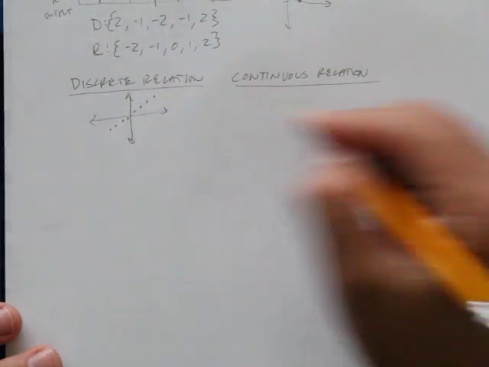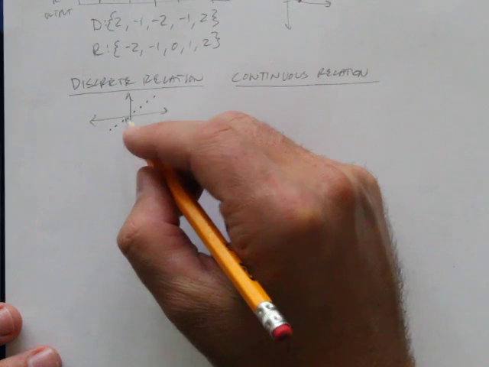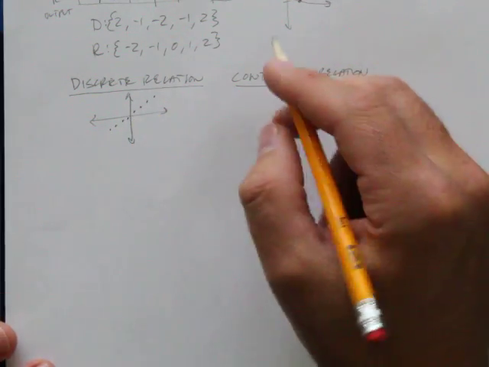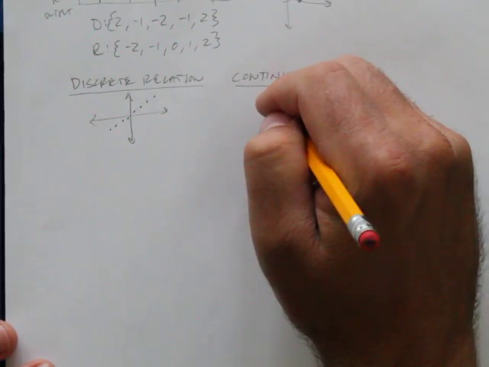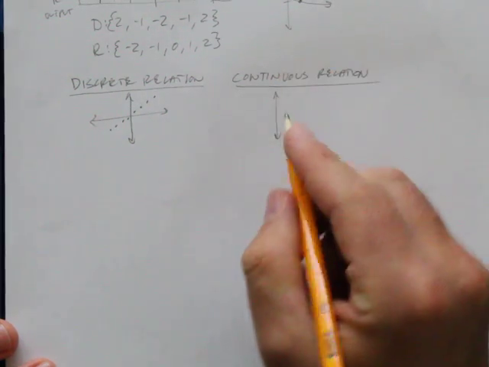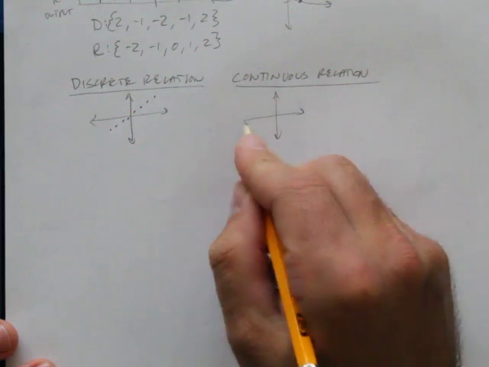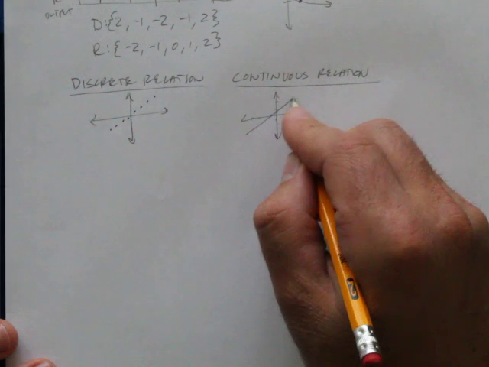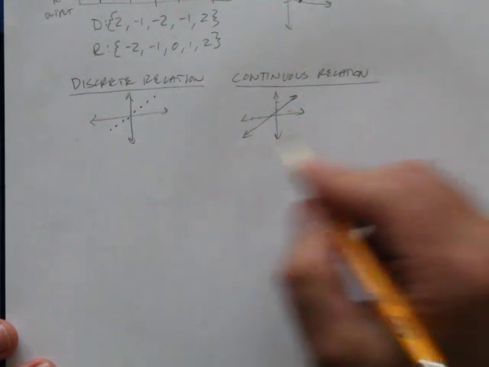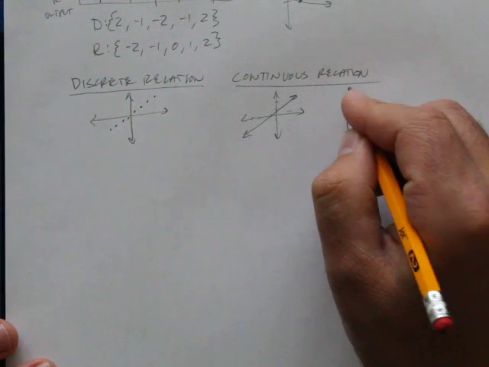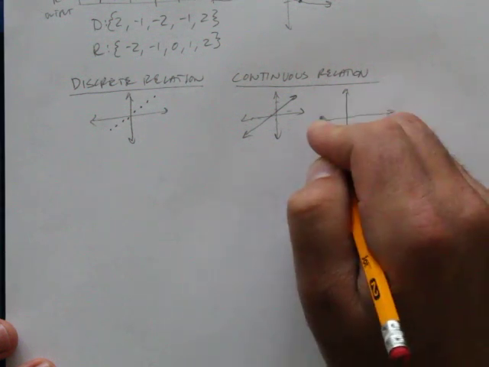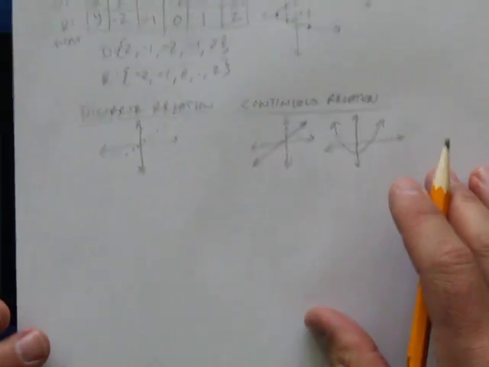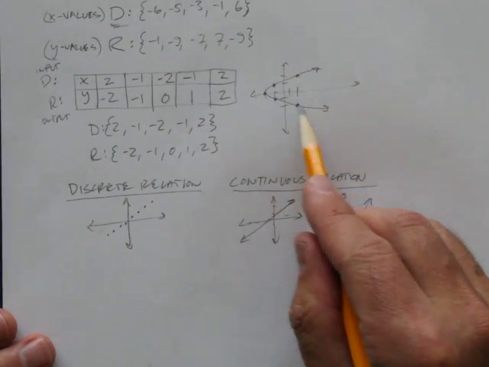There might be points all over the place. But discrete means it is points and not a line or a smooth curve or something like that. Continuous relation, here's my coordinate plane. I might have a line that goes like this. That's a continuous relation, the line is. Or I might have a parabola, continuous relation. So what I graphed up here is a continuous relation.